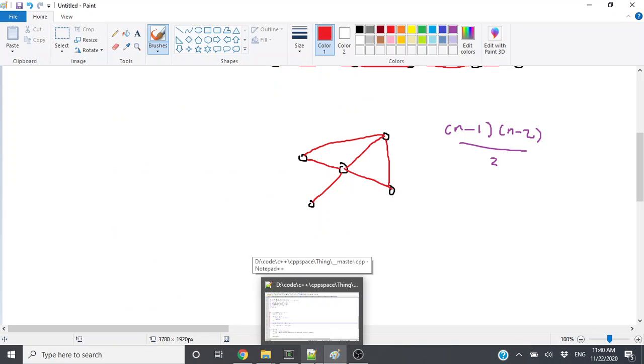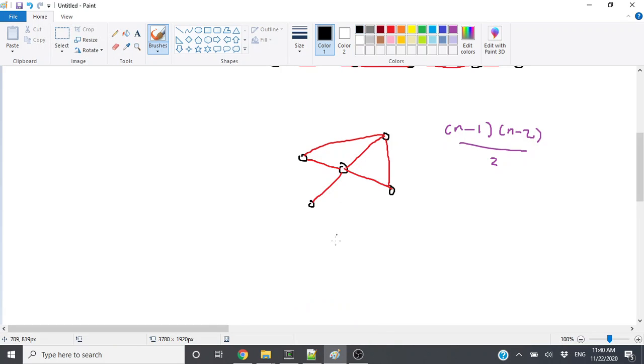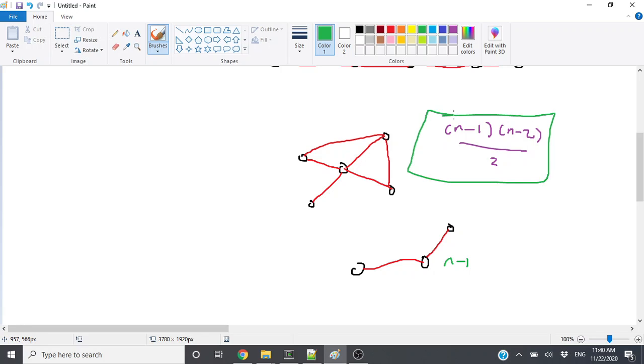And here's the reason. So we put this down here and we put this down here. Now we have this other node. What do we connect it to? We have to connect it to one of these, and then the diameter is length 2. So then we just continue. But if the diameter is length 2, the best we can ever do is a star graph. Because the thing in the middle can't ever be part of the shortest path, because there are 2 things on either side of it. So therefore we lose the n minus 1 things from this, and therefore we're left with this.